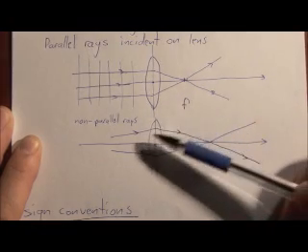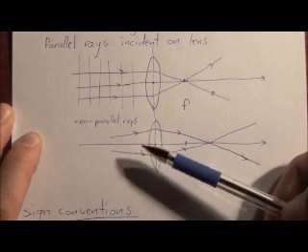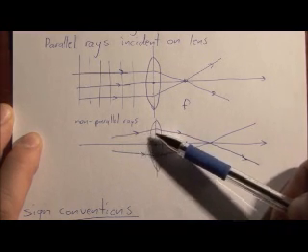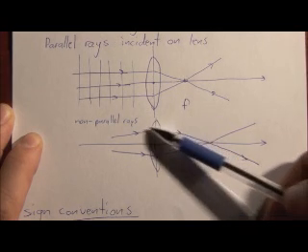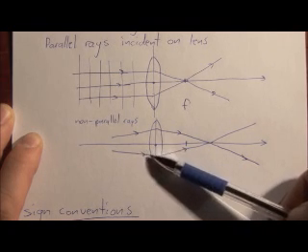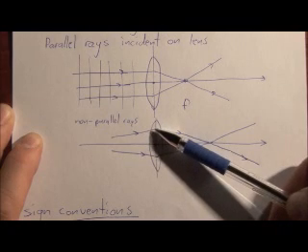Now the reason for that is, you can think of it this way. The lens has only a certain amount of power available to bend light rays, and in a sense here it's coping with diverging light rays.